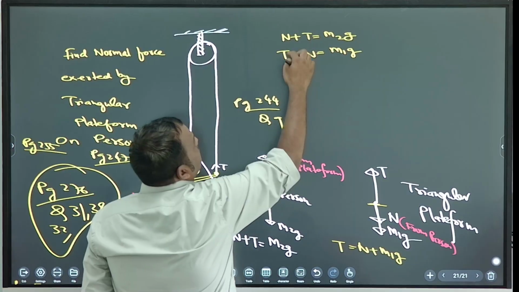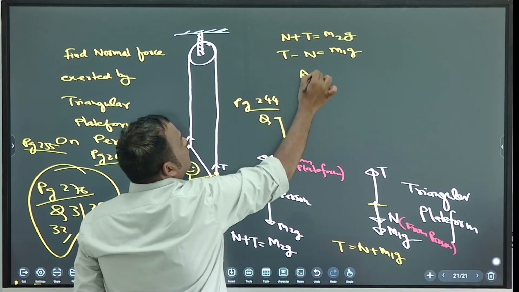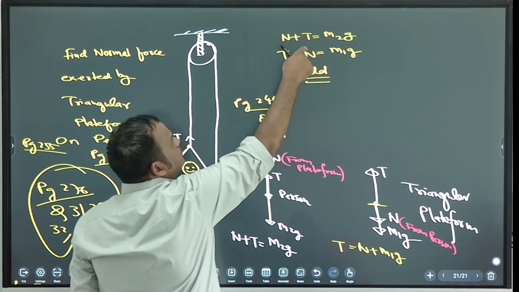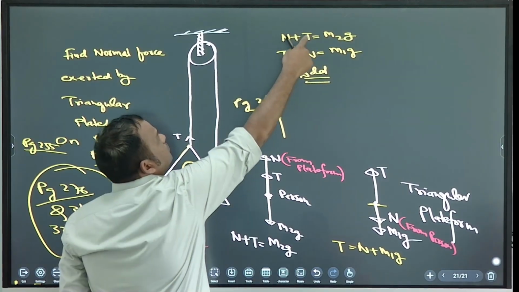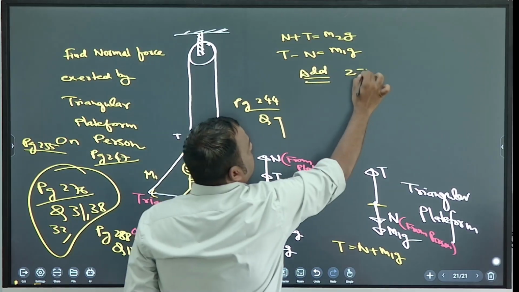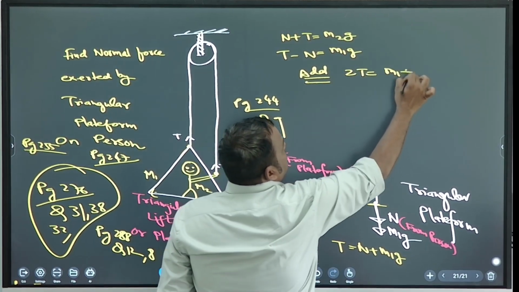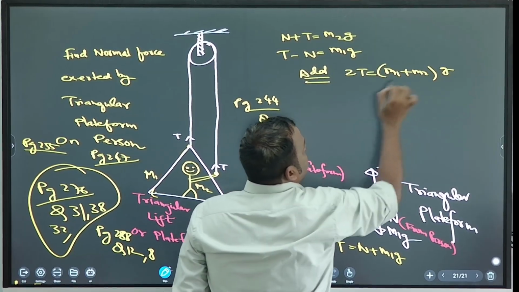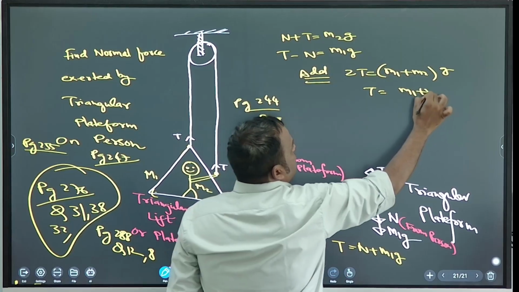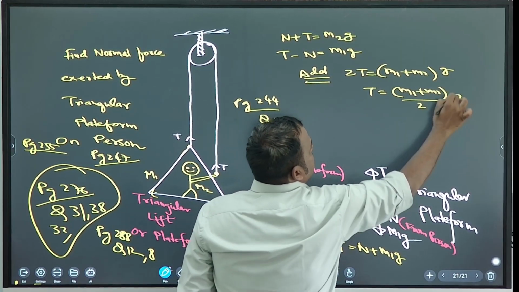Now if you add these two, N and N cancel, 2T is equal to (M1 plus M2) G. So T is (M1 plus M2) by 2 into G.